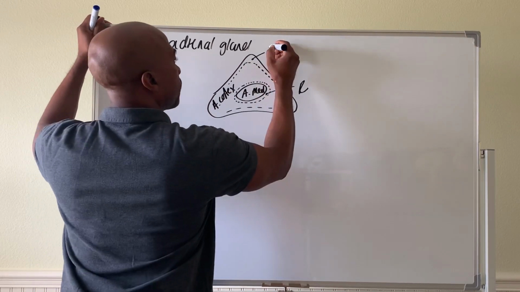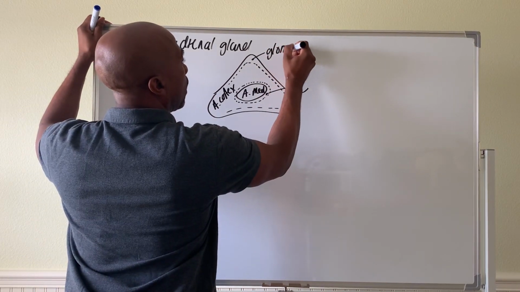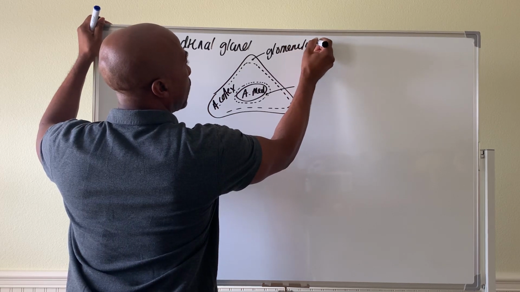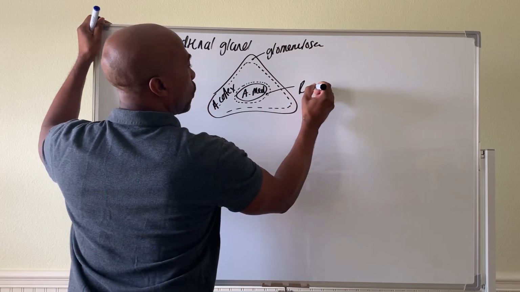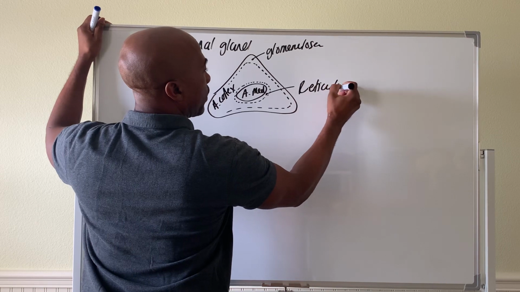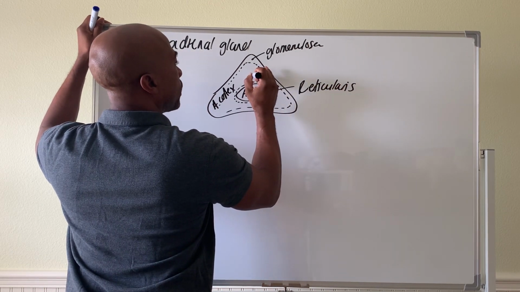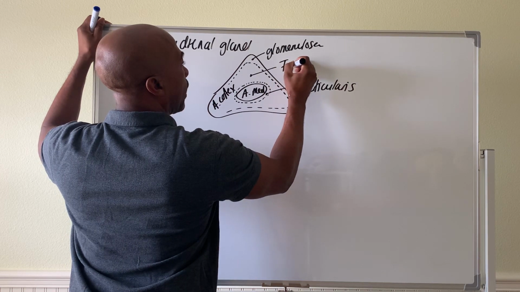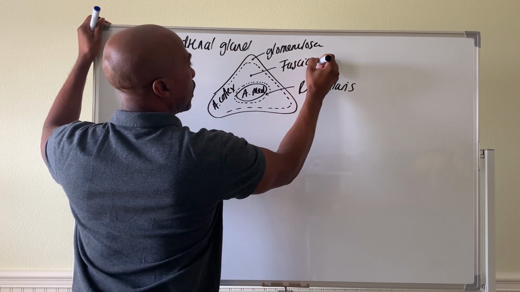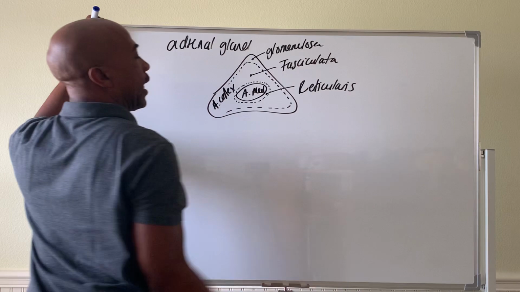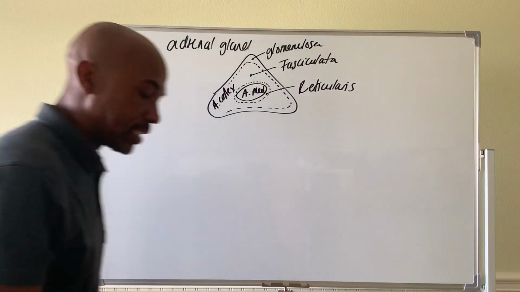I messed up myself here. This is the zona glomerulosa. This is zona reticularis. And then the middle zone here, the biggest zone, is your zona fasciculata. And each zone makes a different hormone.